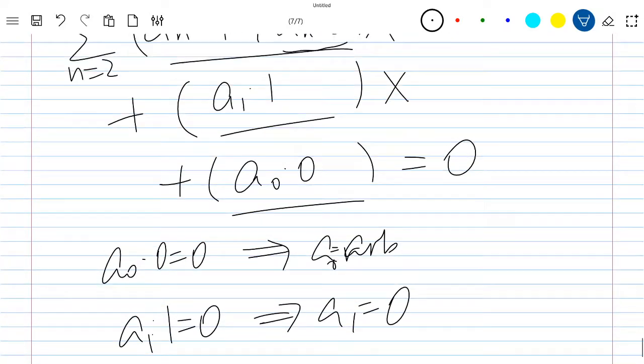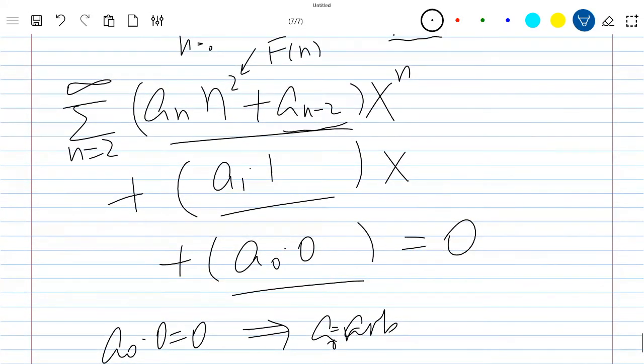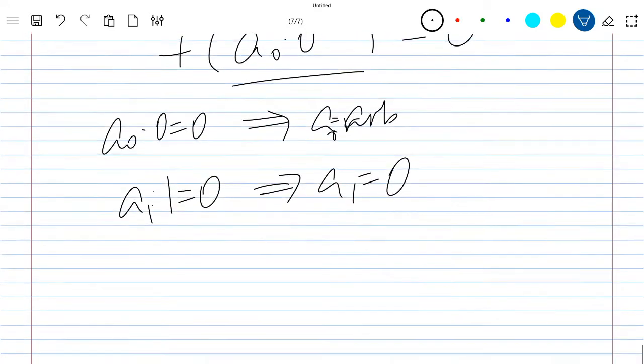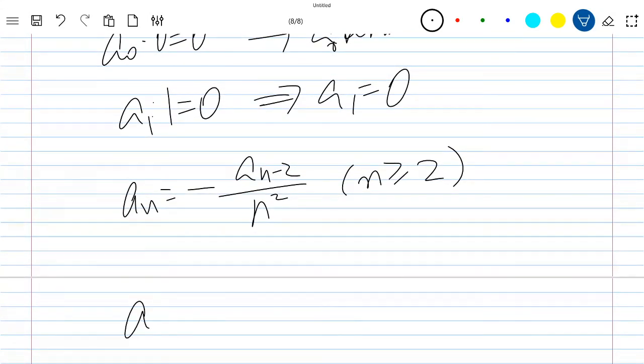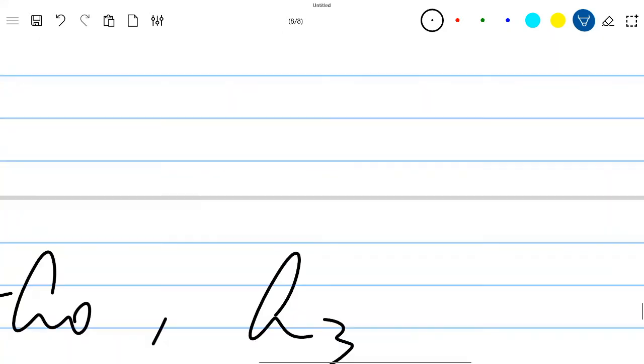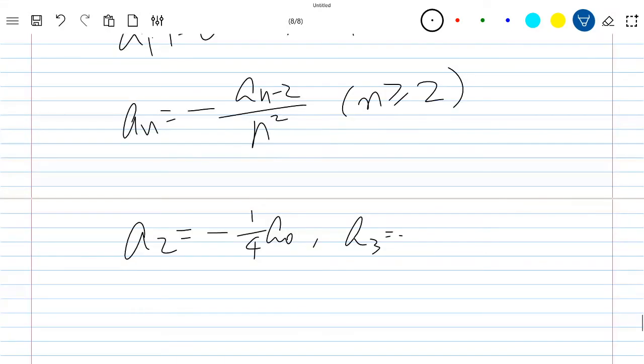Then the next term is a recurrence relation. a_n equals negative a_(n minus 2) over n squared, and n is at least 2. So you will have a2 equals negative 1/4 a0, and a3 equals negative 1/9 a1, but that's already 0, so still 0.